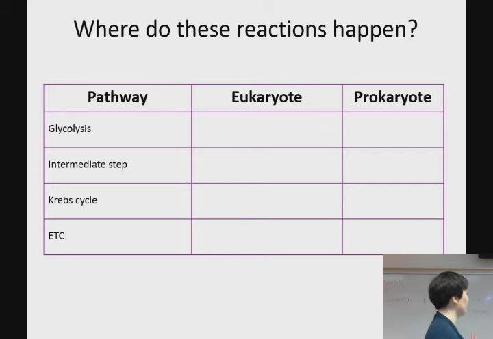Now let's talk about where these reactions happen in the different kinds of organisms, okay? Again, if you've taken this before, then some of these answers will be easier for you, or maybe you don't remember them, which is also fine.